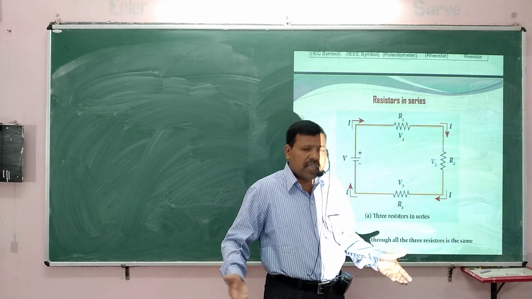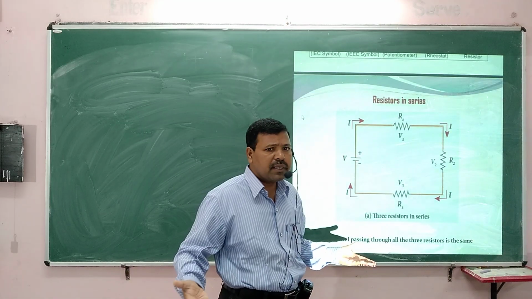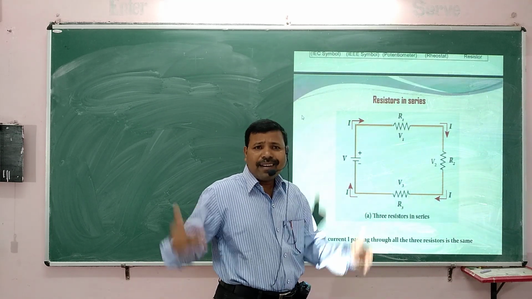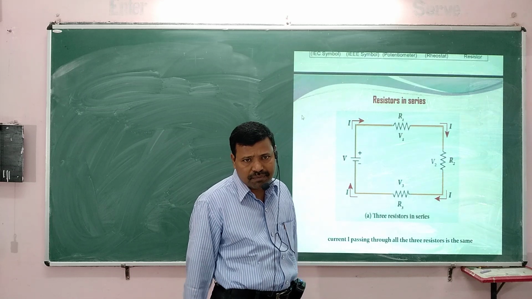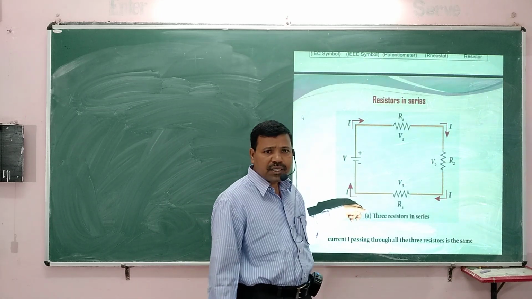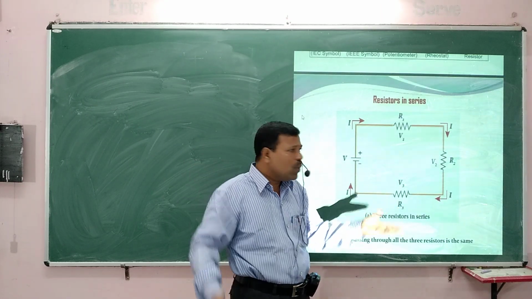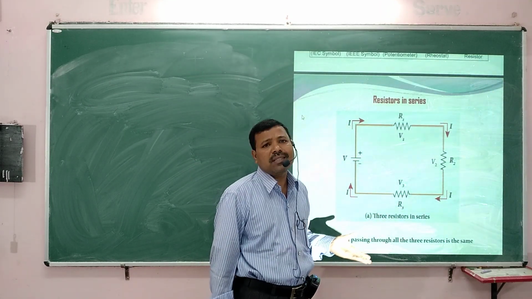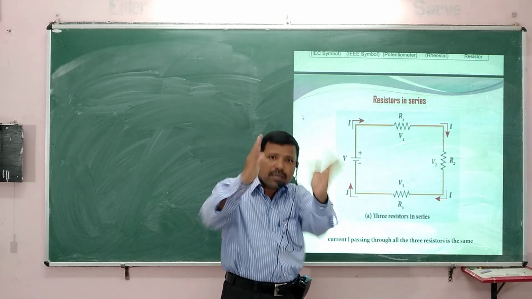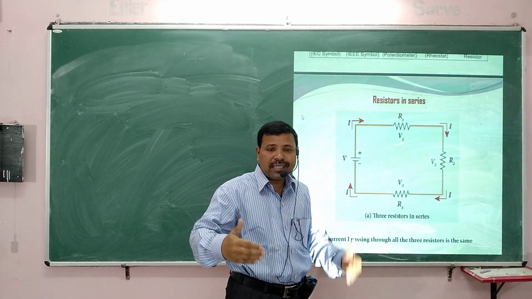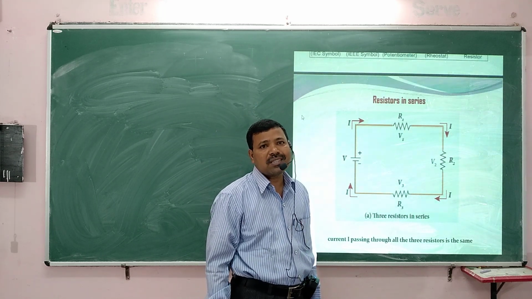Any number of resistors can be connected in series. And these resistors can also be connected in parallel. In series connection, the net resistance will be more than the individual resistances, whereas in parallel connection, the net resistance will be lesser than the individual resistances.